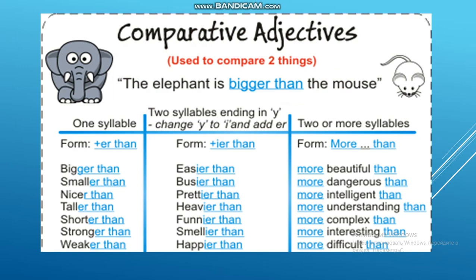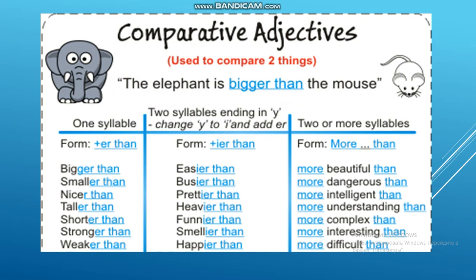Comparative adjectives are used to compare two things. If the adjective consists of one syllable, we add the suffix er. For example, tall, taller. If the adjective consists of 2 syllables and ends in y, y changes to i. For example, happy, happier.